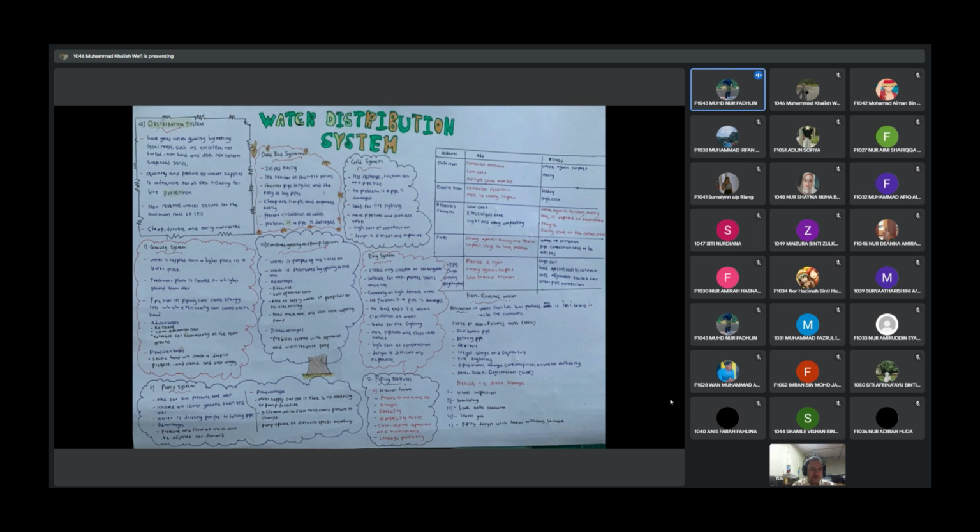And we have piping material: cast iron, ductile iron, asbestos cement, steel, and HDPE, high density polyethylene.